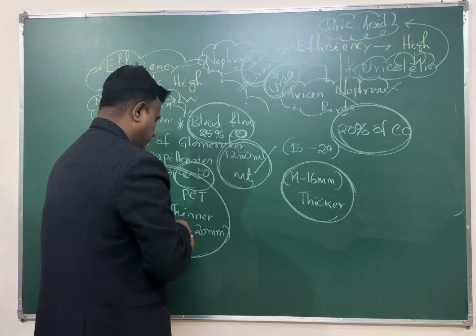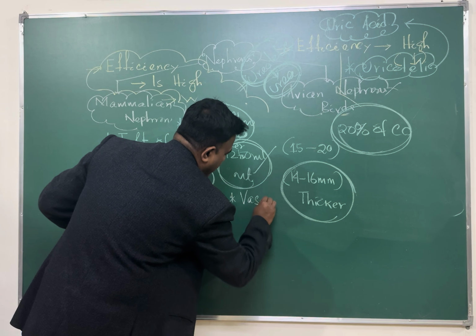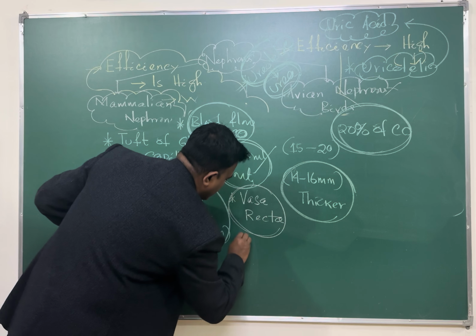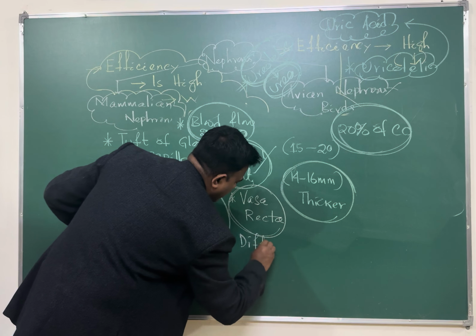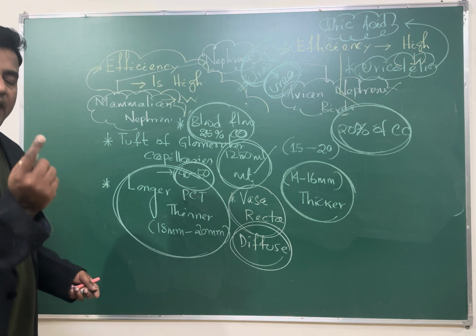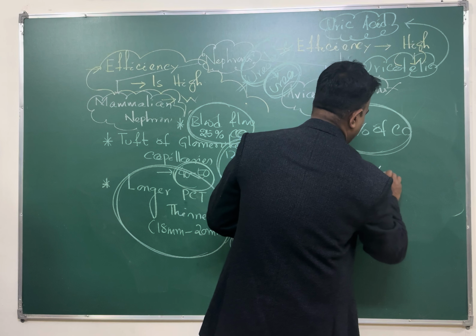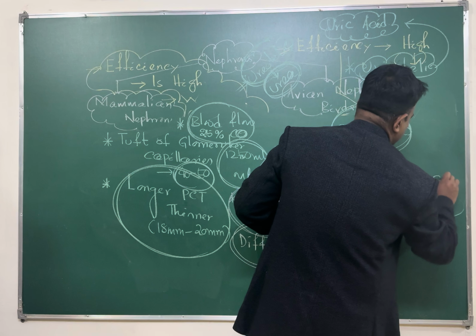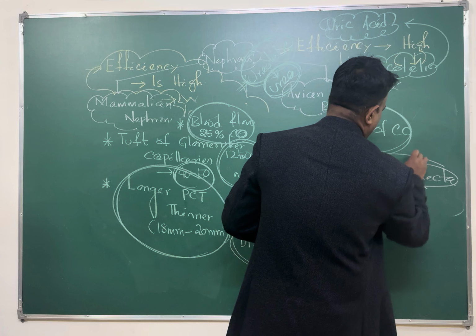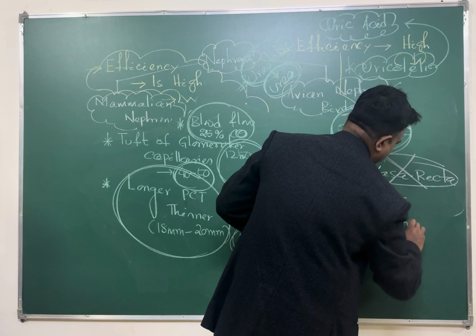Here you are getting vasa recta or the peritubular capillary bed, which is very diffuse, that means branched, rebranched, and it is surrounding the loop of Henle. But if you see here, this vasa recta is almost said to be absent or less defined.